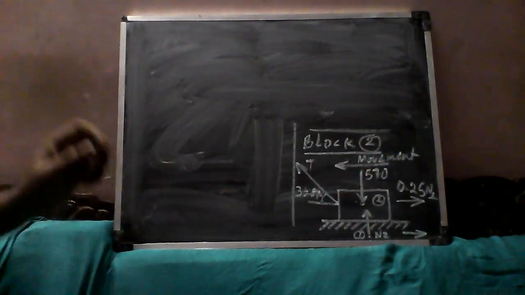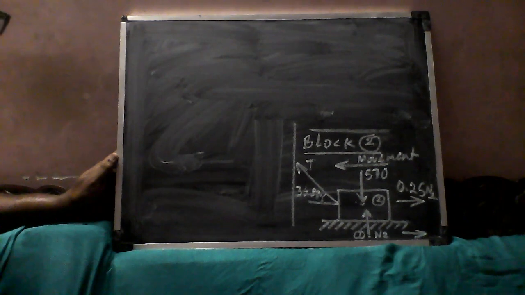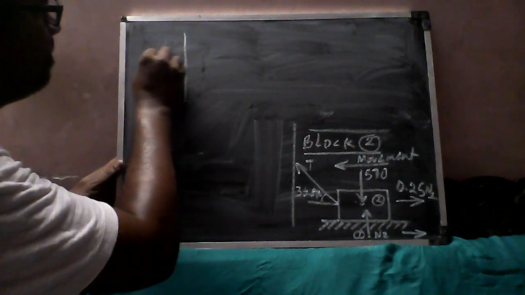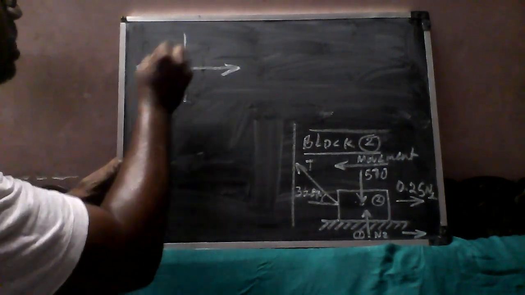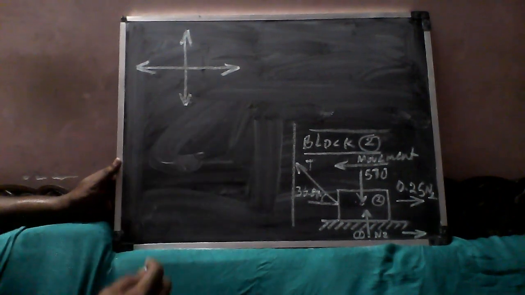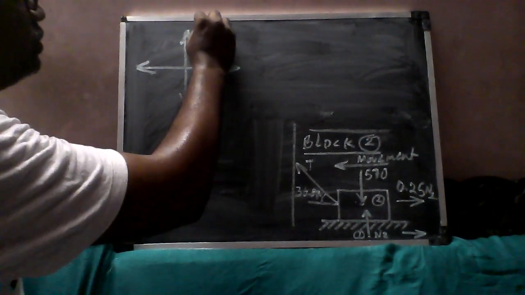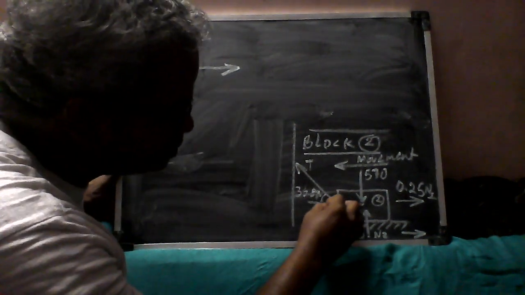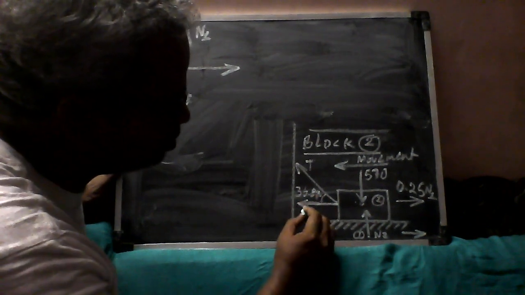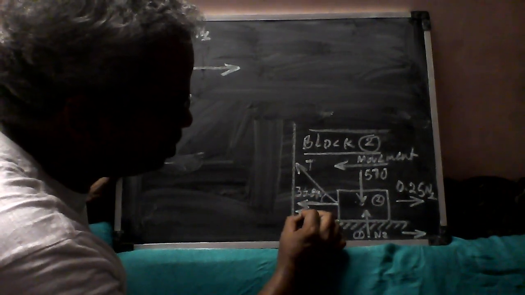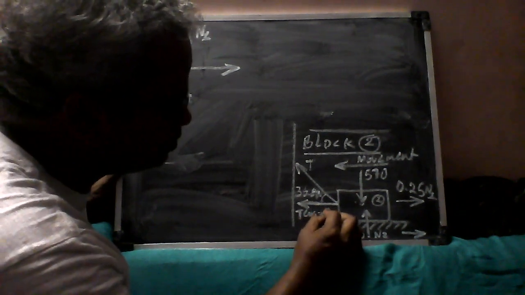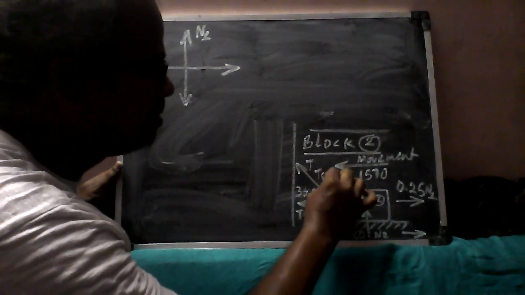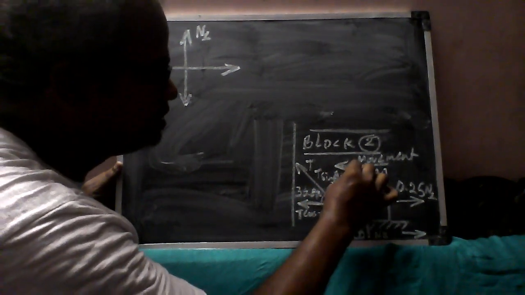So for this one, I will draw a free body diagram which is having upward force as N2, and I have to resolve this tension into two components, that is T cos 36.87 and T sin 36.87.